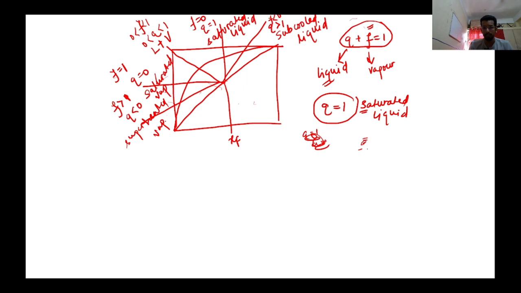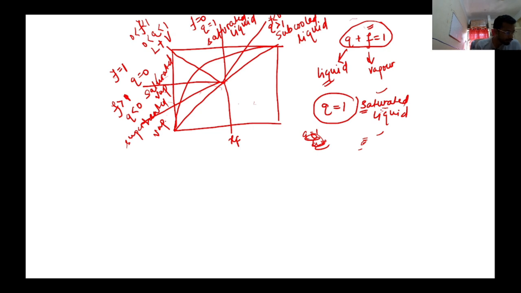If it gives liquid plus vapor, then it will give the value of q or one of the parameters, either q or f. But for the statements superheated vapor, saturated vapor, saturated liquid, and subcooled liquid, the value is defined. So q is equal to 1 for saturated liquid.